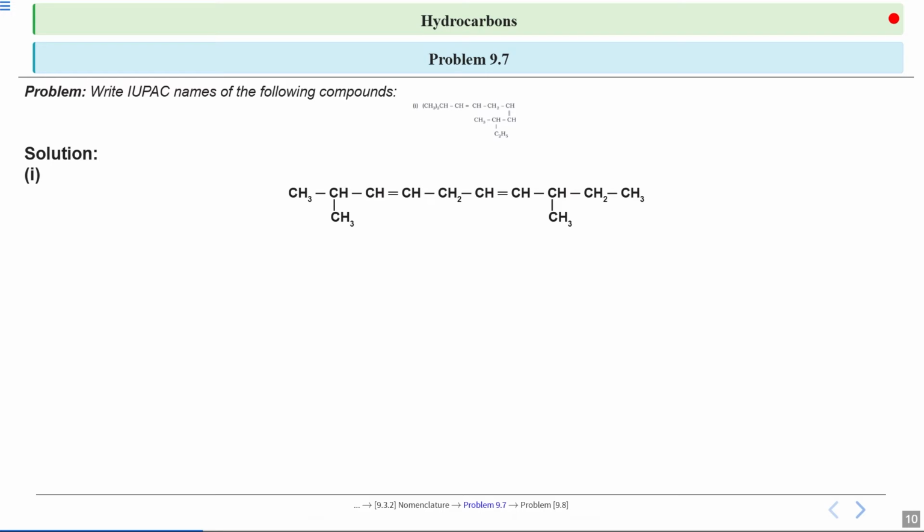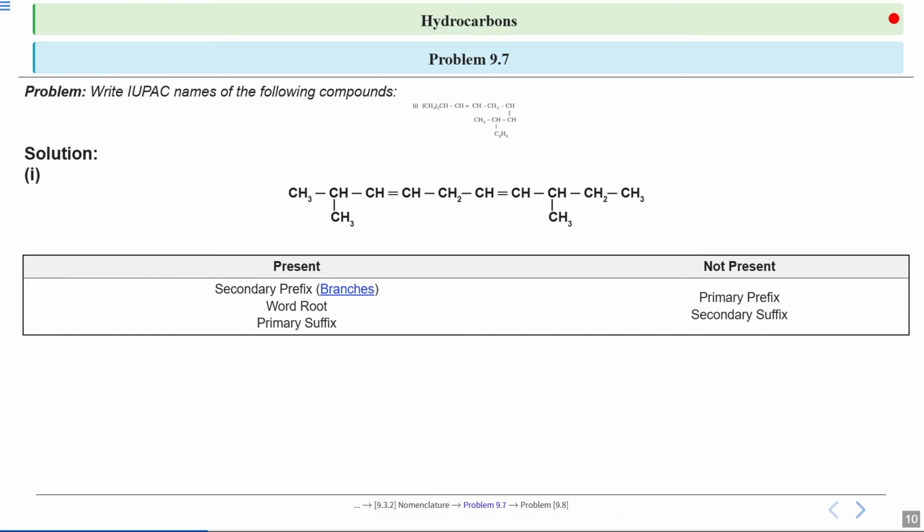Now what is the first step towards its nomenclature? Listing the prefixes and suffixes present in your given compound. It will not have any primary prefix. Primary prefix will be absent here. Then what about the secondary suffix? Is there any secondary suffix present here?